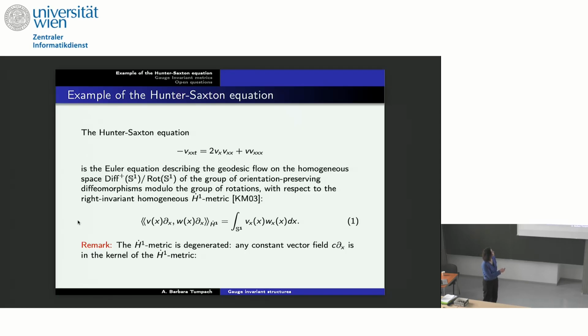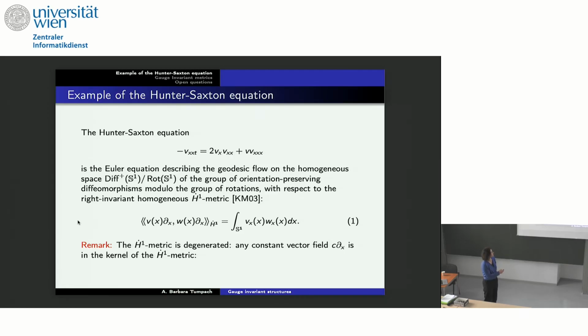And this Hunter-Saxon equation describes geodesics for a metric which is an H1 dot metric. This metric is first given at the identity of the group, and then we translate it everywhere by right translation.